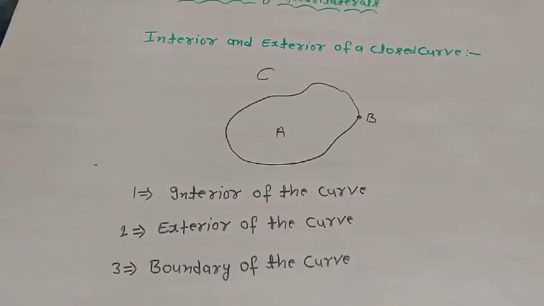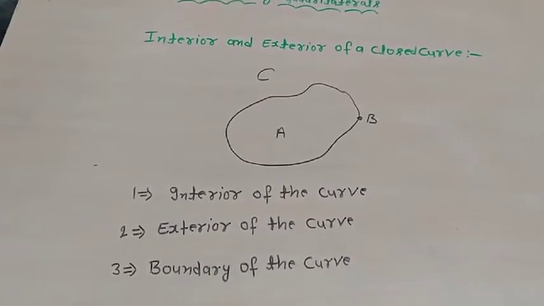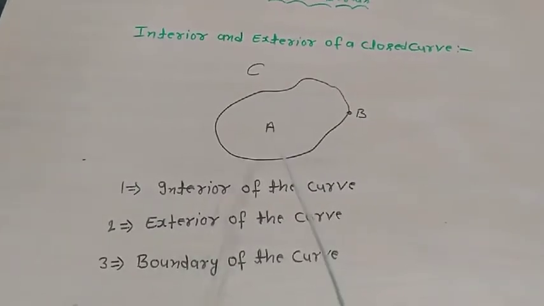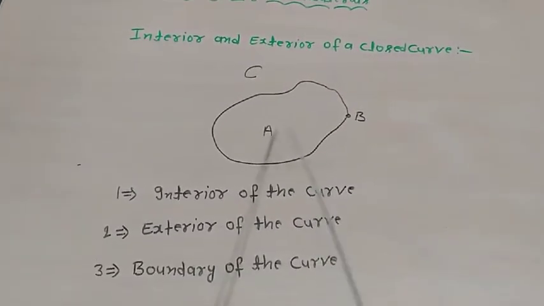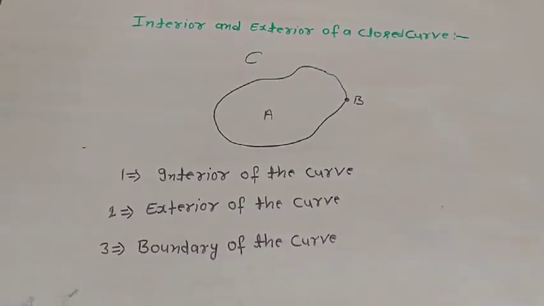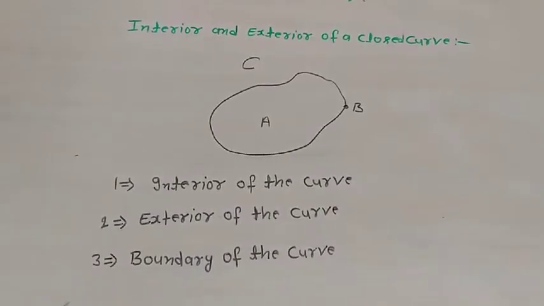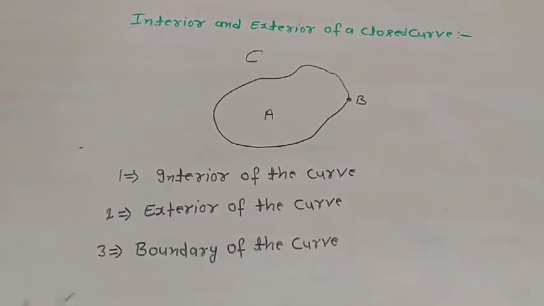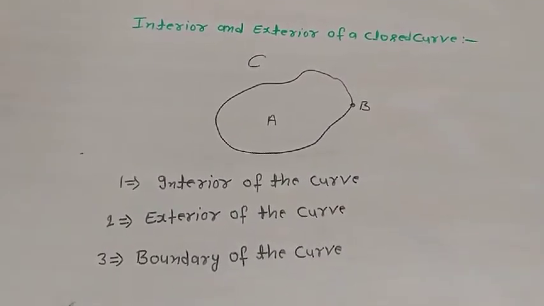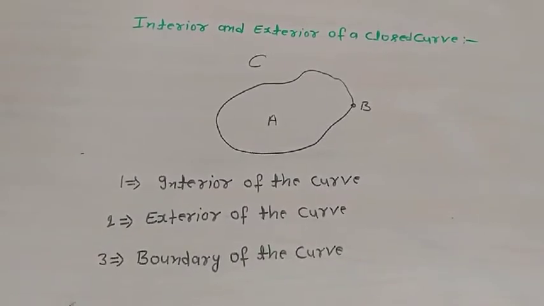Okay, the region of the plane that lies inside the curve is called the interior of the curve. So here you can see A is inside, so this is an interior point or interior region of the curve, and the region of the plane that lies outside the curve is called the exterior of the curve.